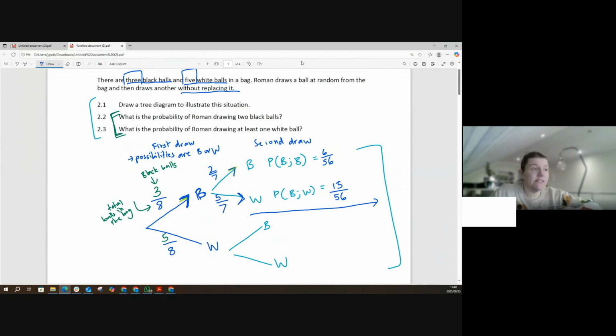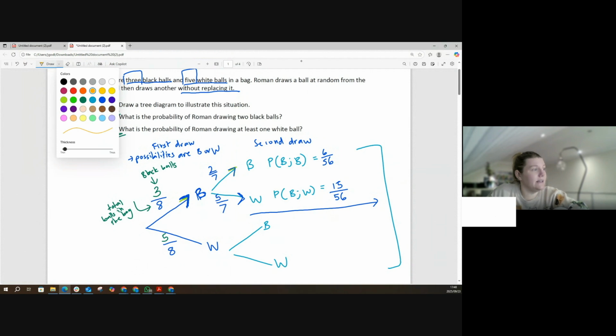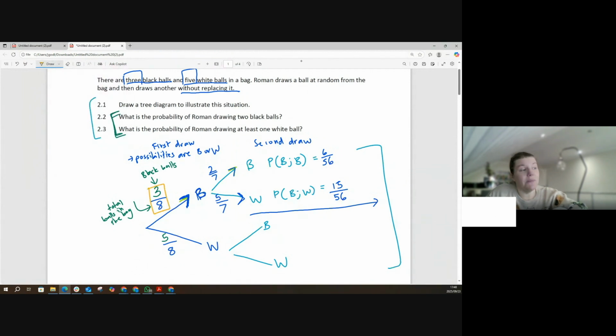Where does the 56 come from? Great question. So when we're working out these two probabilities, we're taking the first probability, so we're taking this one and we're multiplying it by this one. The probability of the first black is 3 over 8. The probability of the second one is 2 over 7.